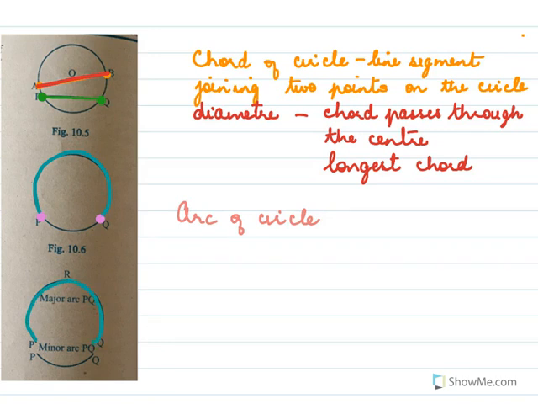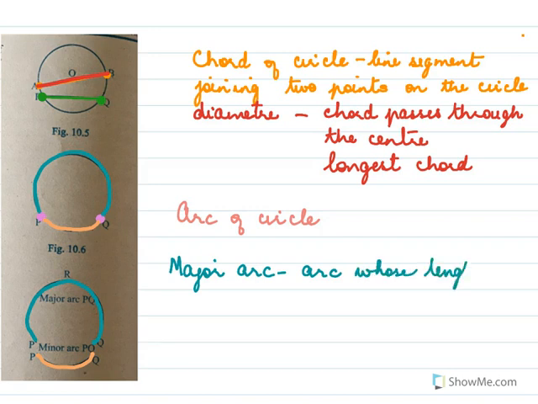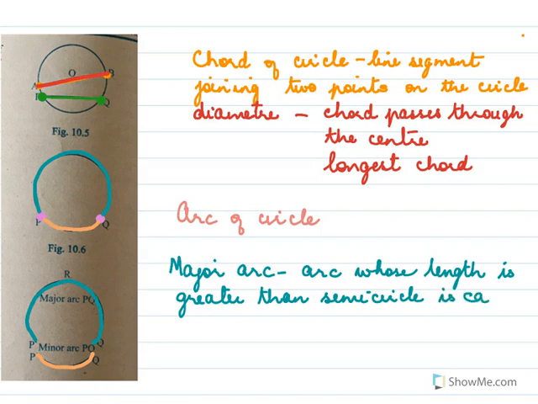And then we have another one which is PQ down, which is called the minor arc. So major arc is an arc which is greater than the semicircle. An arc whose length is greater than semicircle is called major arc.